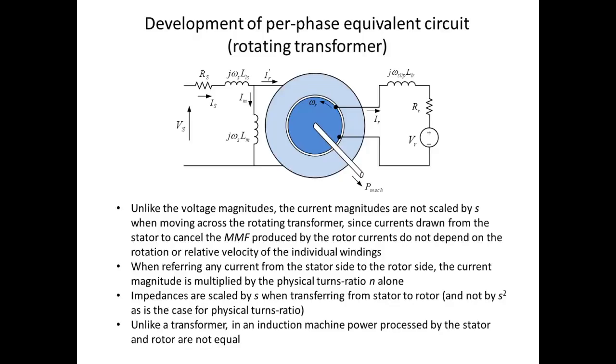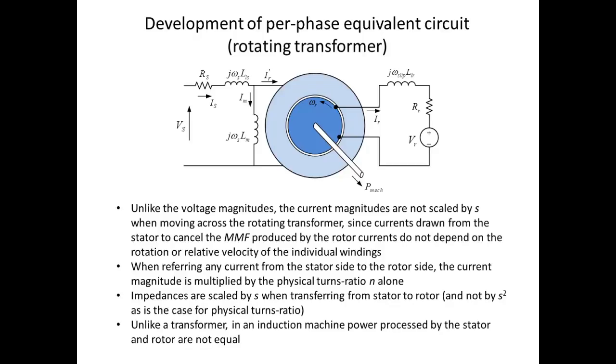For the same reason, how the impedances transfer from one side to the other also differs between the transformer case and the induction machine case. In the transformer case, the impedance is scaled by the square of the turns ratio. So for example, if Rs is the primary side resistance and you want to transfer it to the secondary side, it will be Rs times n squared, where 1 is to n is the primary to secondary turns ratio.